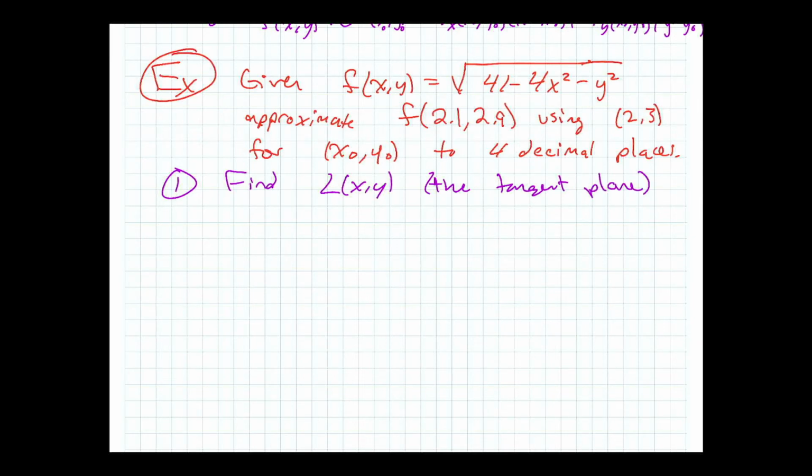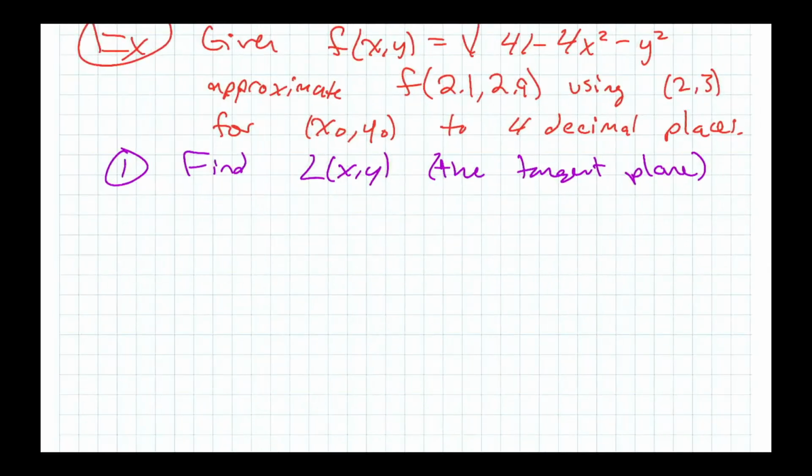So in order to find L of xy, we're going to need f, fx, fy evaluated at the point. We need f evaluated at 2 comma 3, and be careful that you understand this. You're approximating this value. These are the ones that you're actually using to calculate your plane. You use this one first, and then we plug this in later.